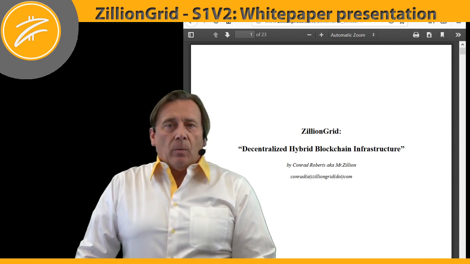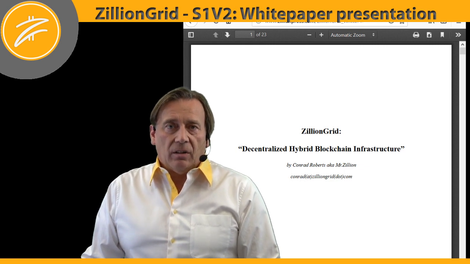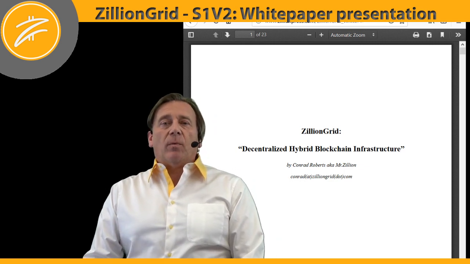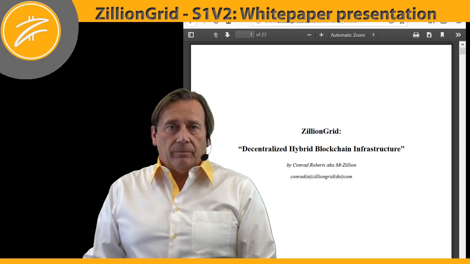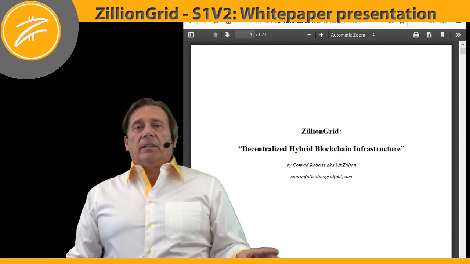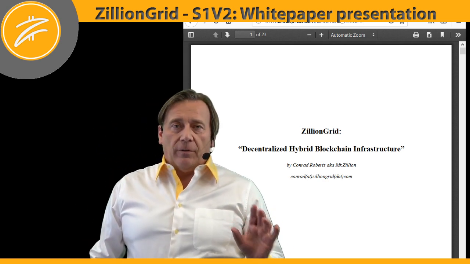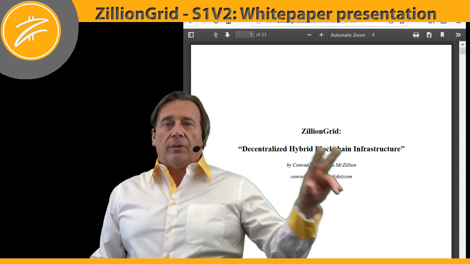The customary white paper describes in technical detail what our plans are for the ZillionGrid and how we will develop it and what our innovations are. The first thing I would like to say is that the ZillionGrid is a first generation. We will have 3 generations or 3 phases.